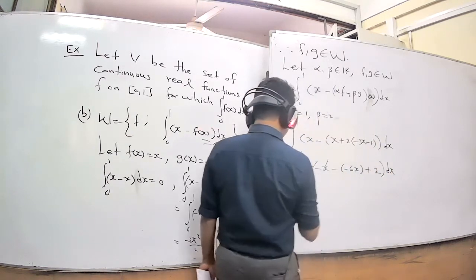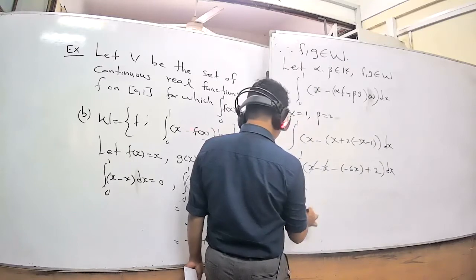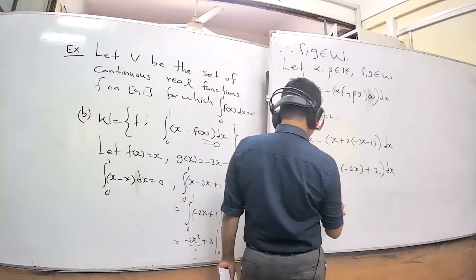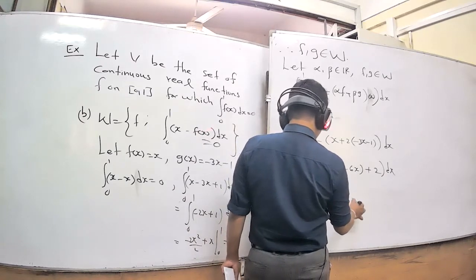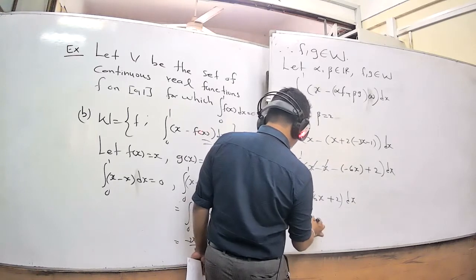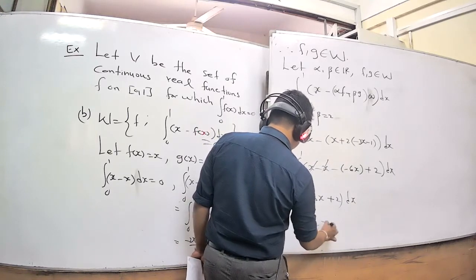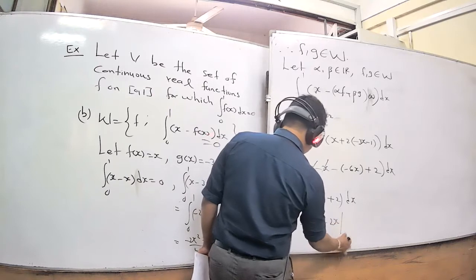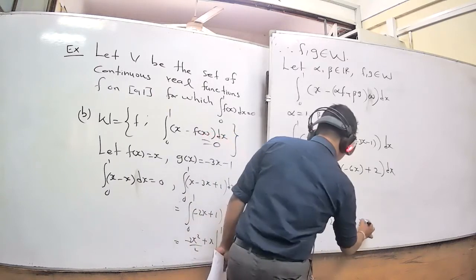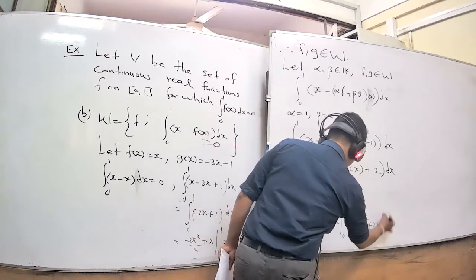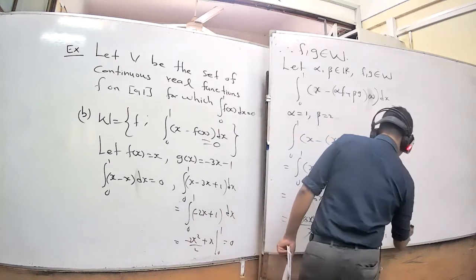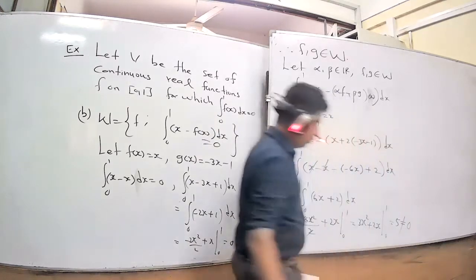So it is 6x squared by 2 plus 2x, that is 3x squared plus 2x from 0 to 1. I think this integral is 5, not equal to 0.